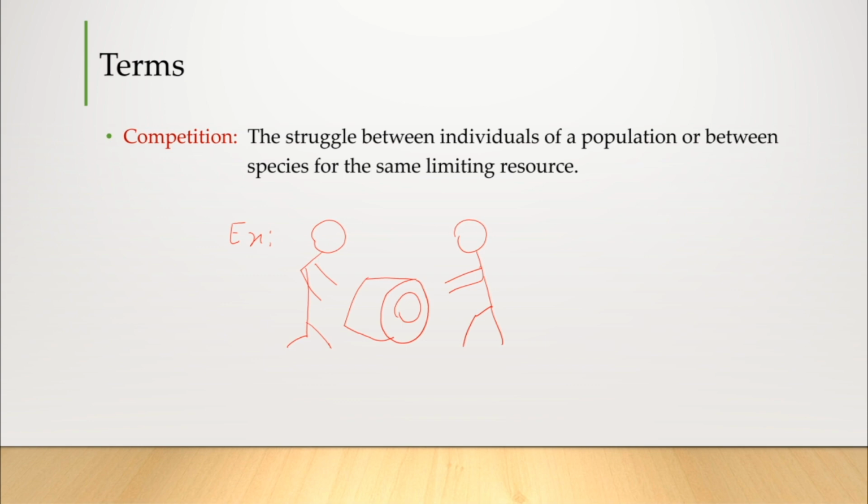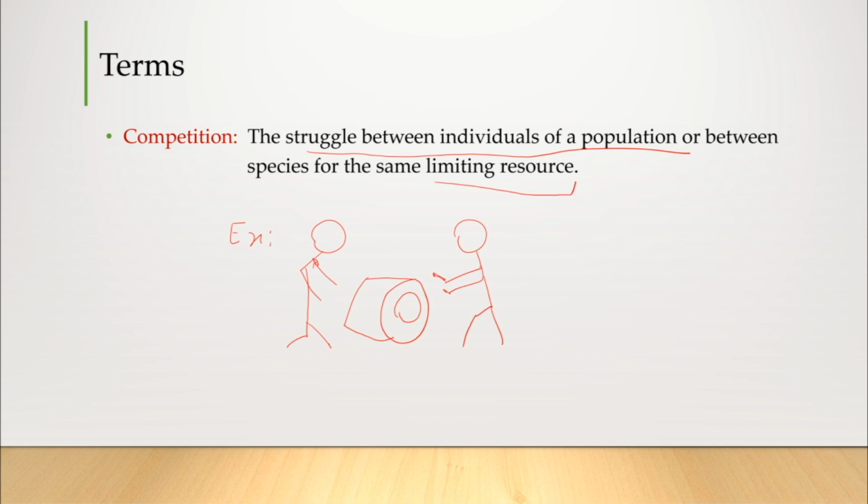These days, toilet papers are limited resources. Not many people can find them in the shops because they're gone. So this is the struggle between individuals of a population for limited resources. This is what it is.